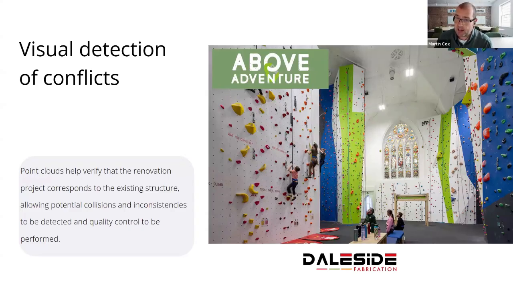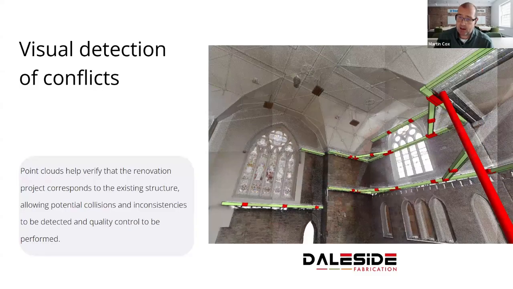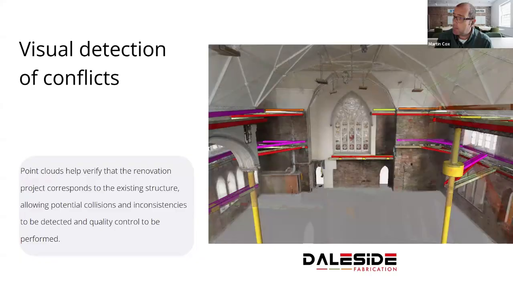Now, looking at the ceiling here, it's a really complicated ceiling, and you can imagine trying to measure that. It's not impossible, but measuring that is going to be very difficult. So being able to scan that using a 3D point cloud and working with that in SketchUp means that you actually have that space correctly in SketchUp, and you can work with it and use it for detecting conflicts, detecting information there.